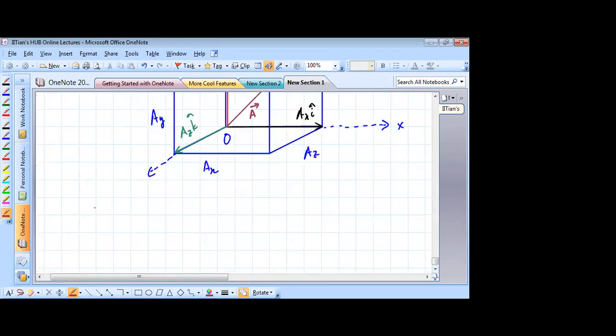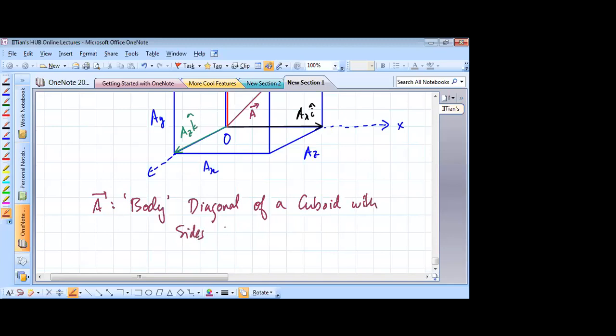So the vector A is basically what we call the body diagonal of a cuboid with sides ax, ay, az. Okay.